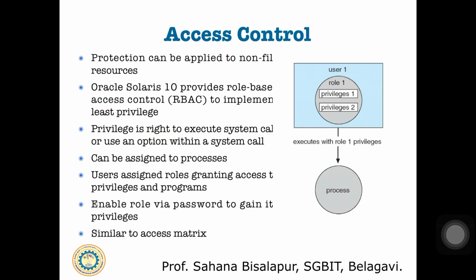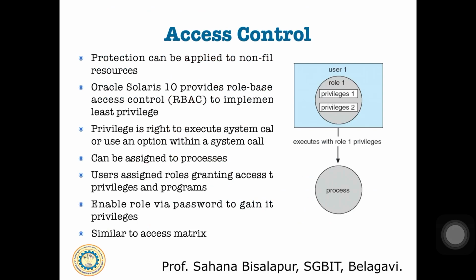Now these privileges and programs can also be assigned to some roles. So here users are assigned some roles, or they take some roles based on the system requirement. In this way, a user can take any role which has some privileges, and according to those privileges he can use any of the resources here.